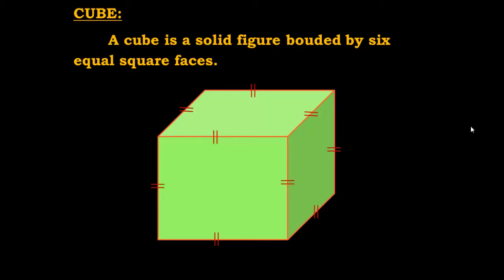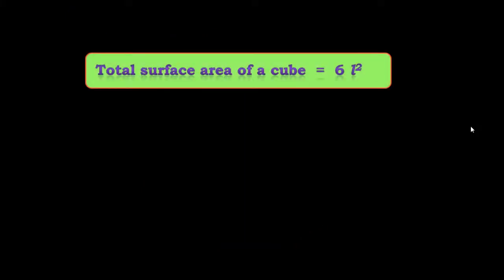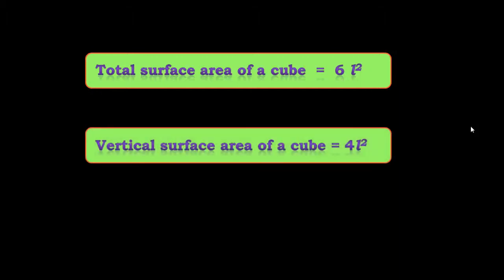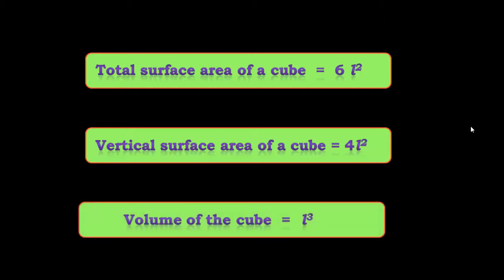So the first formula for the cube is total surface area of cube, 6L square. Next, vertical surface area of cube is equal to 4L square. A cube has 4 vertical surfaces, therefore vertical surface area is equal to 4L square. Next one is volume of cube.